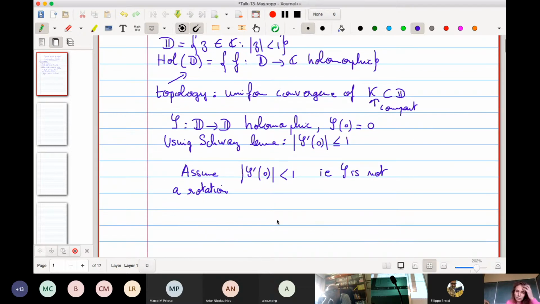And also, in order to describe further results, I will assume that the derivative at 0 is not 0. I can mention what happens in this case. It's just in order to make a theorem correct that I assume that, and I will specify what happens in the case where it is 0.